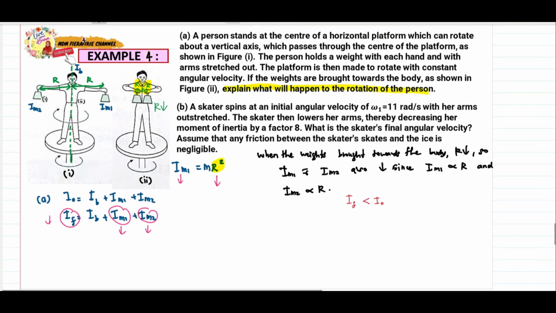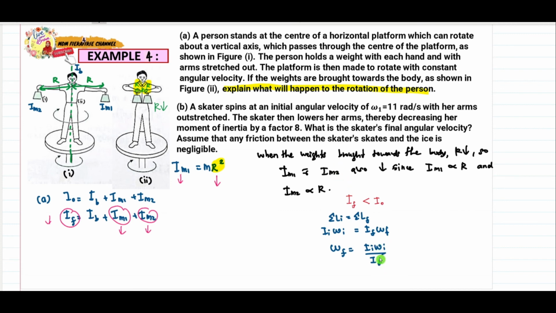So based on conservation of angular momentum, I initial omega initial equals I final omega final. So we can write that omega final is equal to I initial omega initial over I final.